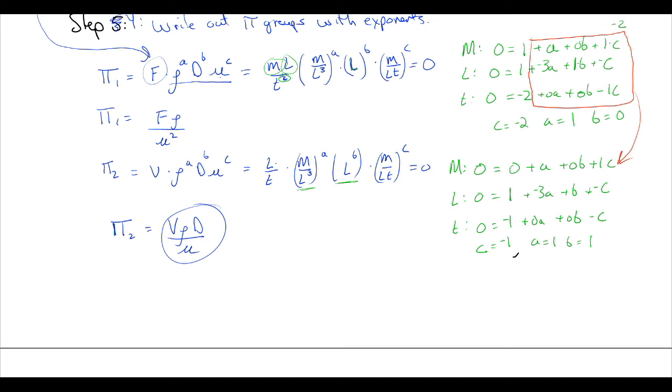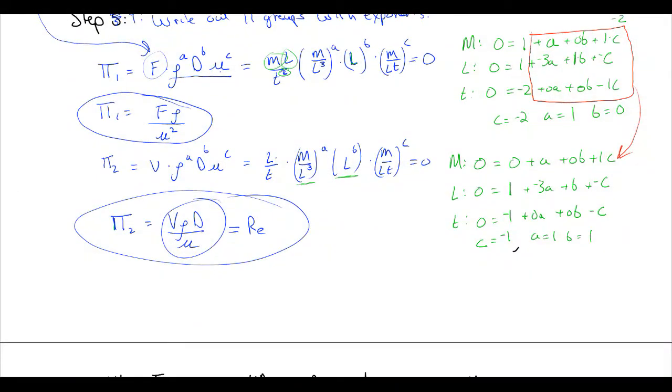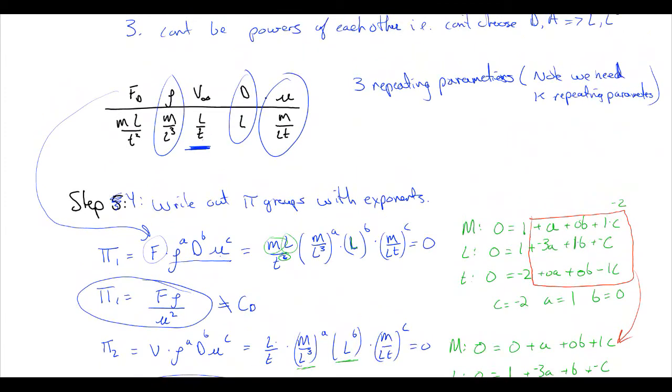So you'll notice this is not the dimensionless group that we talked about before. This is not our drag coefficient, right? And the reason is because we chose a different set of repeating parameters than we would need to choose in order for the drag coefficient to come out.